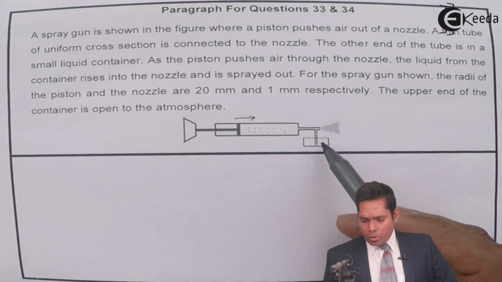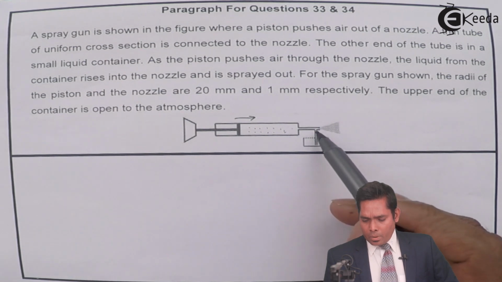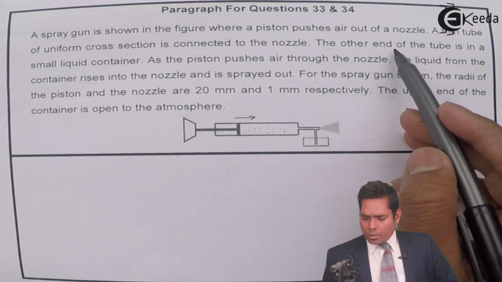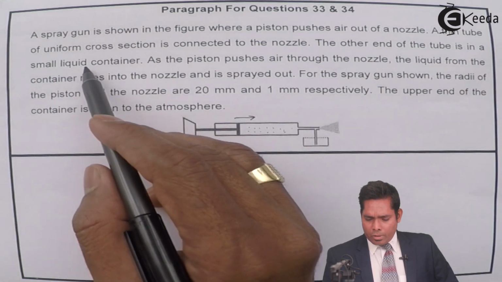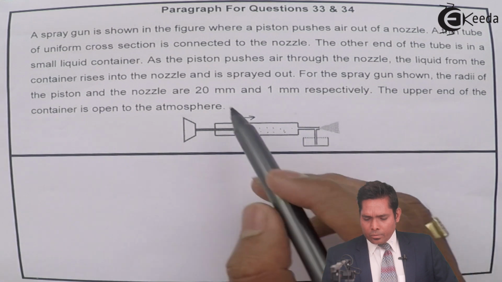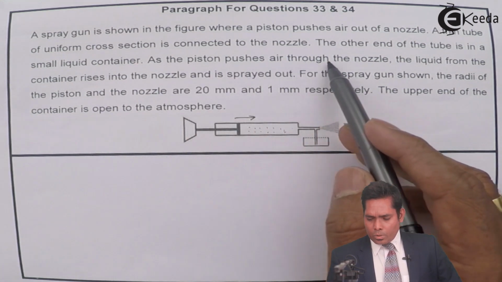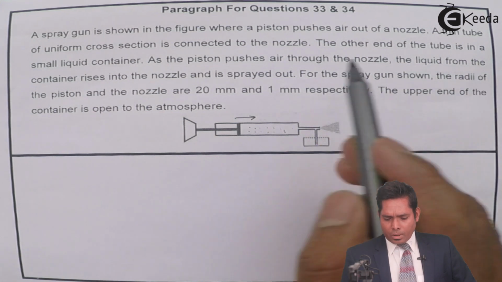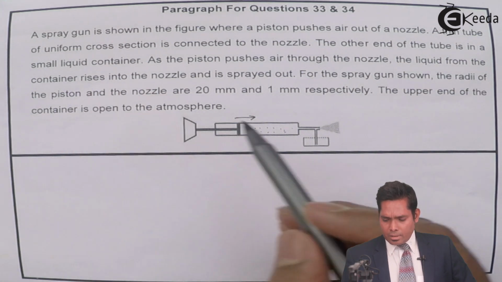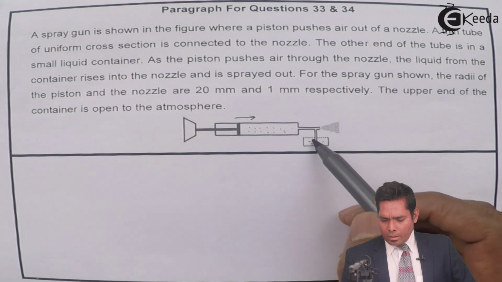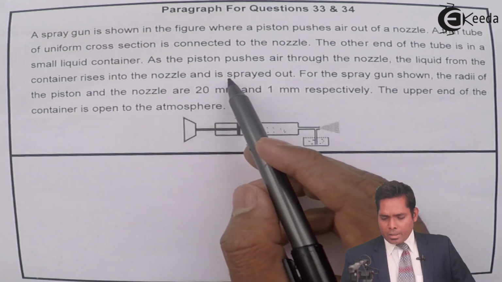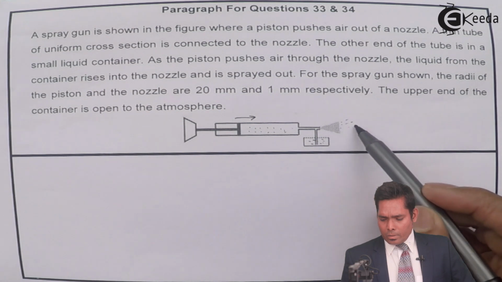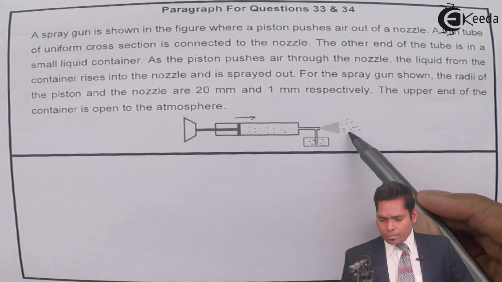So therefore it will pull the water up and then it will spray the water. As the piston pushes the air through the nozzle, the liquid from the container rises, and is spread out.